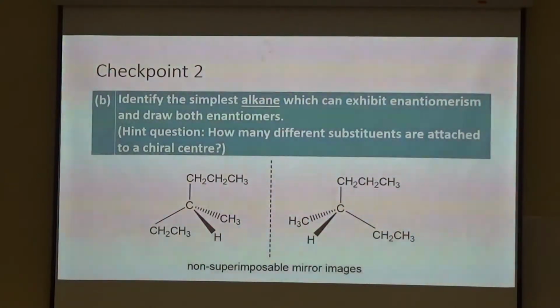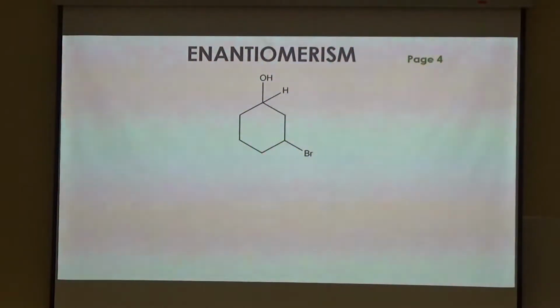Next, let's go into enantiomerism in cycloalkenes, because this is something that probably you have not studied previously. So let's say I have this compound here. I need to identify the chiral carbon. When I want to identify the chiral carbon, it simply means that I need to have 4 different groups bonded to the carbon itself.